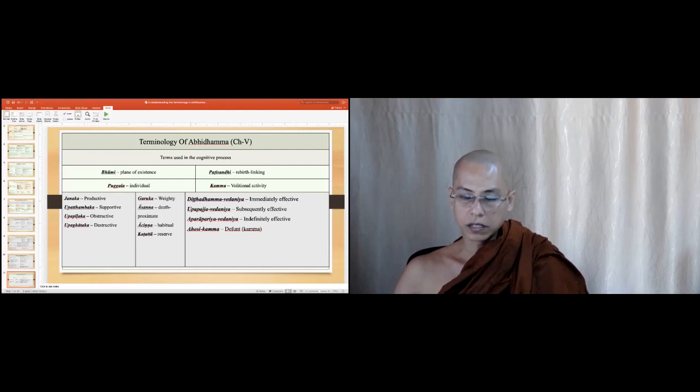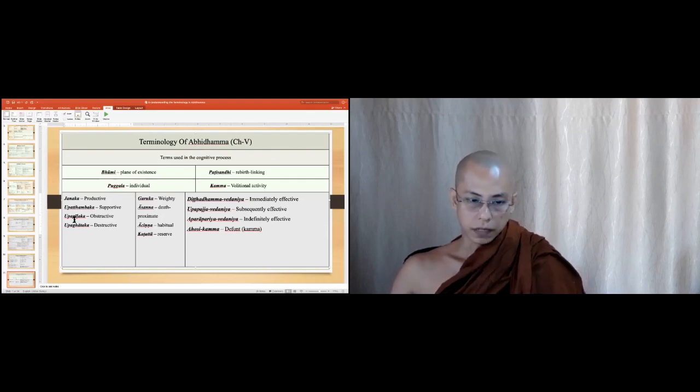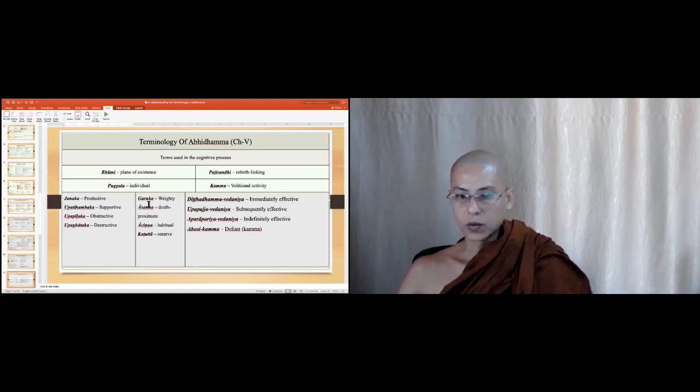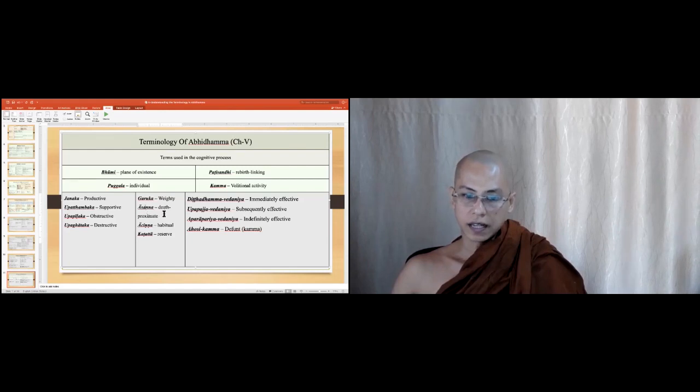Here I did not mention many of the words about Bhumi or Patisandhi. Here I just collected some words related to Kamma. So Janaka, producer; Upatthambhaka, supportive; Upapilaka, obstructive; Upaghataka, destructive; Garuka, weighty; and Asanna, death proximate.